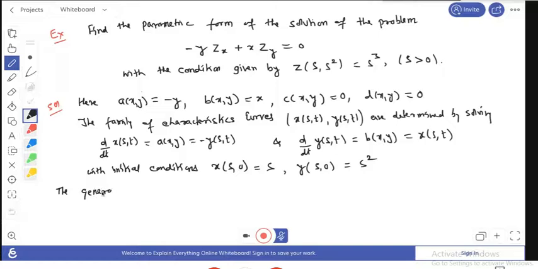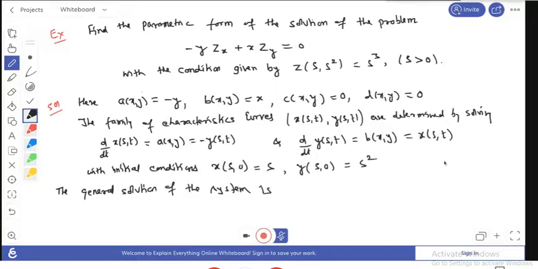So the general solution of the system is, what is the general solution? Look here, dx/dt equals minus y, and dy/dt equals x. So if we write dy/dt, y equals minus dx/dt. So this becomes minus d²x/dt² equals x.